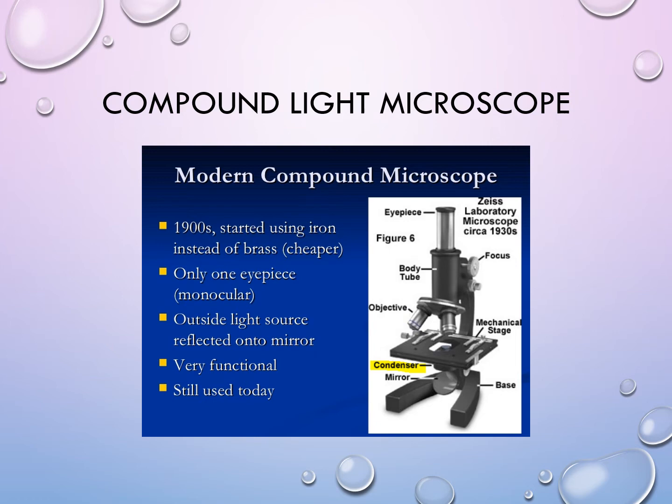You know, that increases the contrast between the two and helps us to be able to see the organism that we're looking at. So that in a nutshell is the compound light microscope.